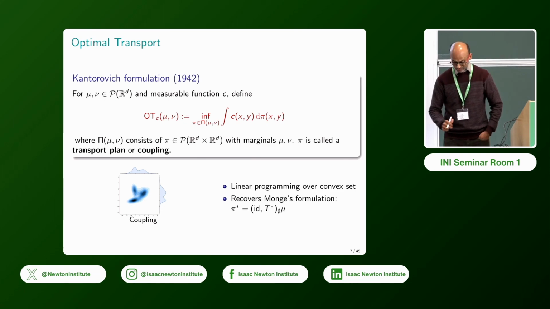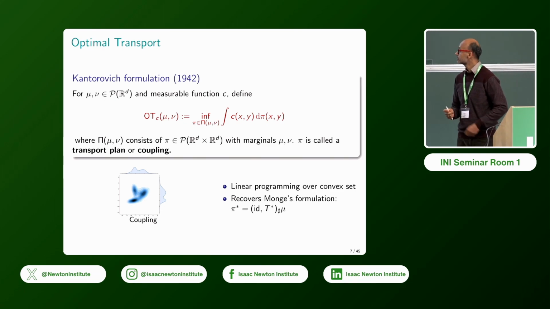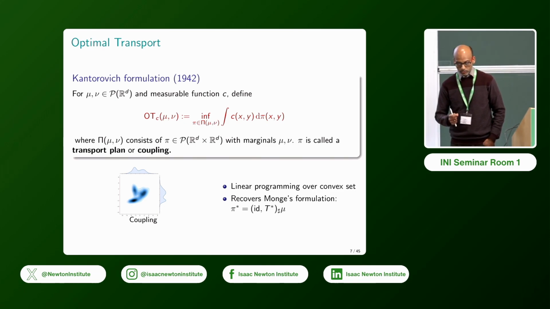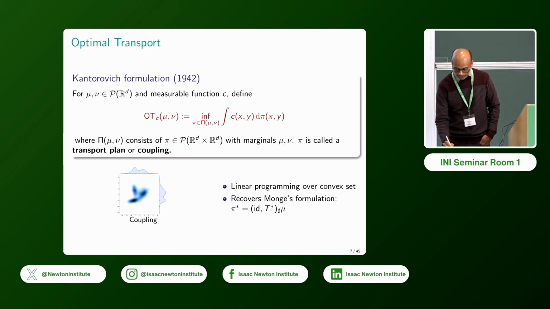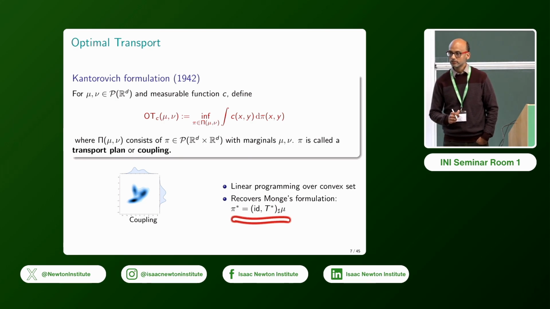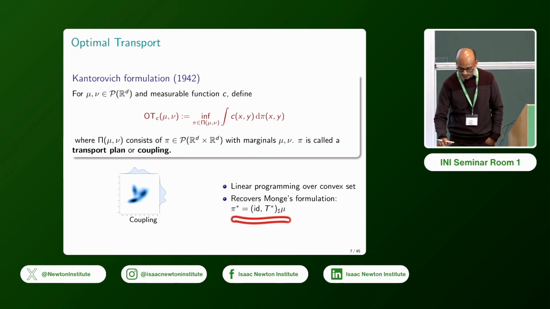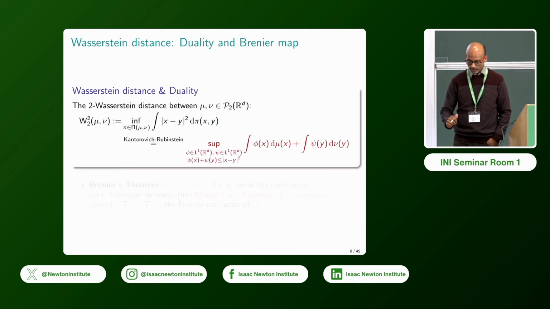And the nice thing is, this also recovers the Monge formulation, which means, suppose there is an optimal Monge map, which I denote as T star, then the optimal transport plan or the coupling can be obtained by doing this operation. Okay. So this is all very classic, well known.